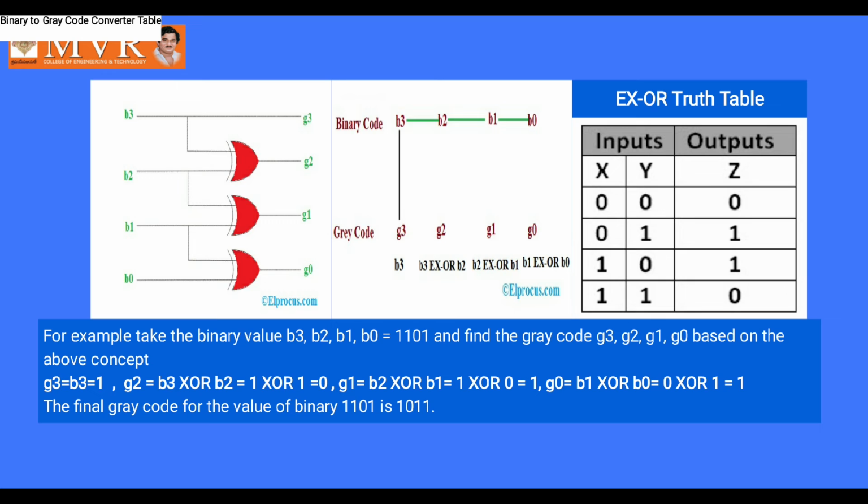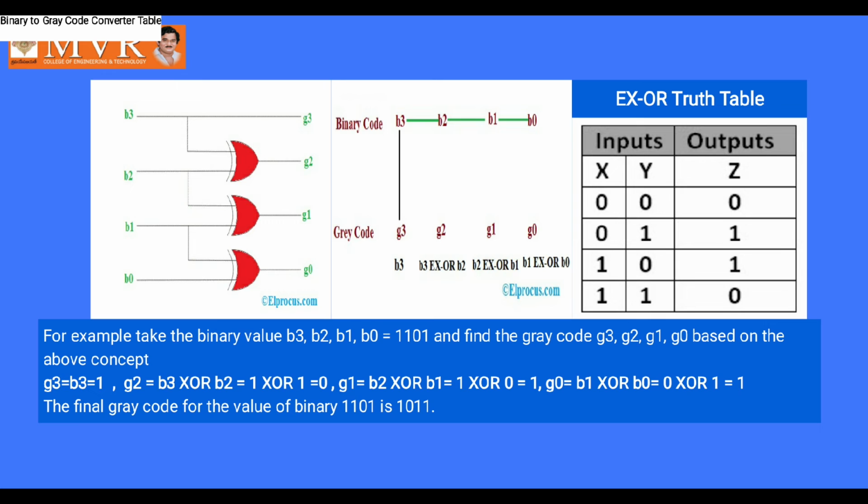See, the XOR truth table, I think you know very well. You might have discussed it in the digital logic design subject. There are 2 inputs, X and Y, with 4 possible combinations 00, 01, 10 and 11. The output is Z. The property of XOR is that when 2 inputs are the same, the output will be 0.